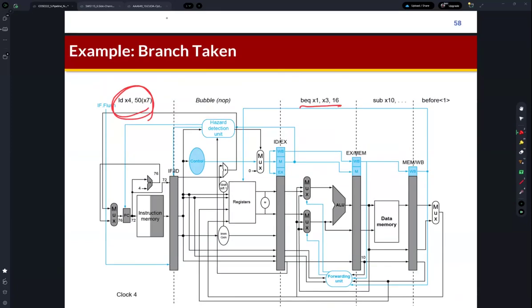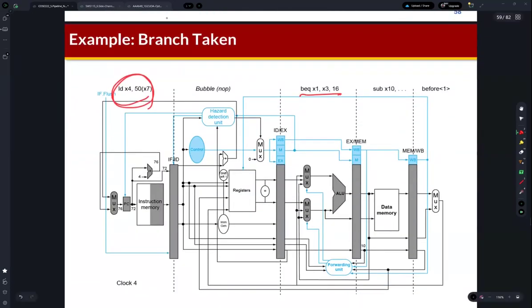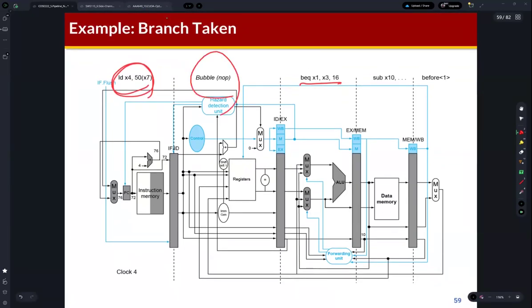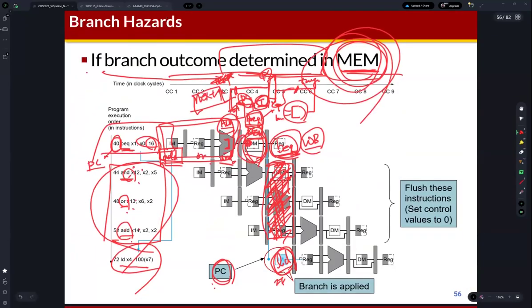I mentioned that this instruction is the incorrect instruction, so we can make a bubble in the ID stage. Okay. And the branch is here. Then the previous instructions are here. Okay. So do you understand? Try to understand the timing of this branch instruction. Okay.